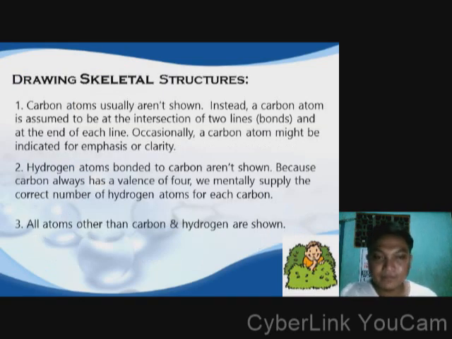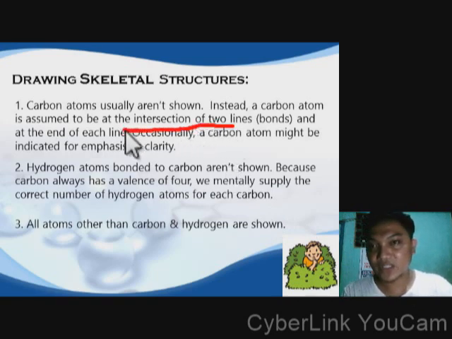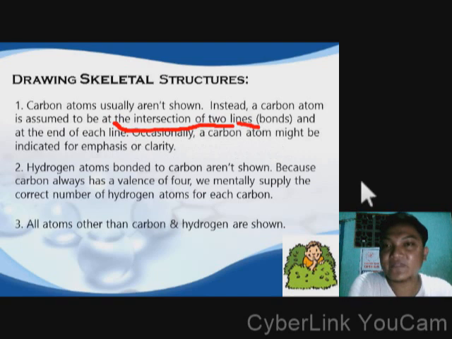Okay. Carbon atoms usually aren't shown. Instead, a carbon atom is assumed to be at the intersection of 2 lines. Tandaan to. Intersection of 2 lines, bonds, and at the end of each line.